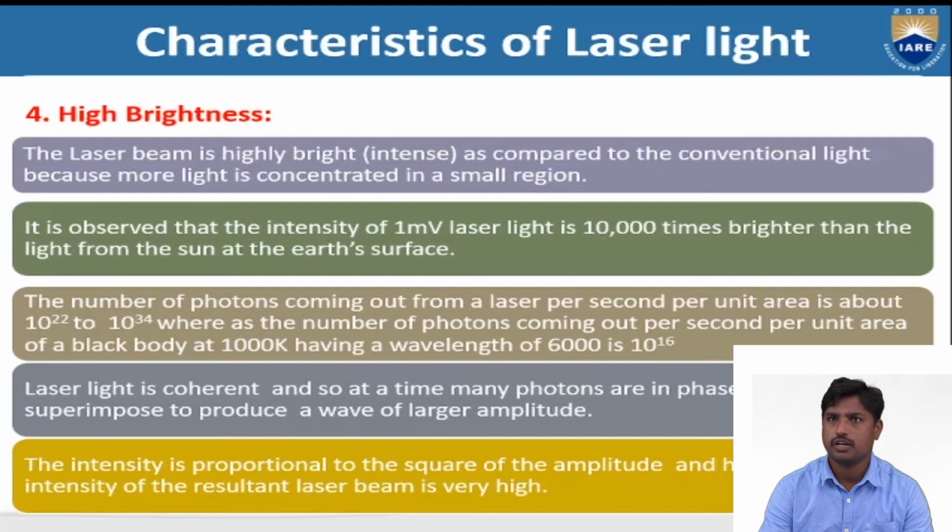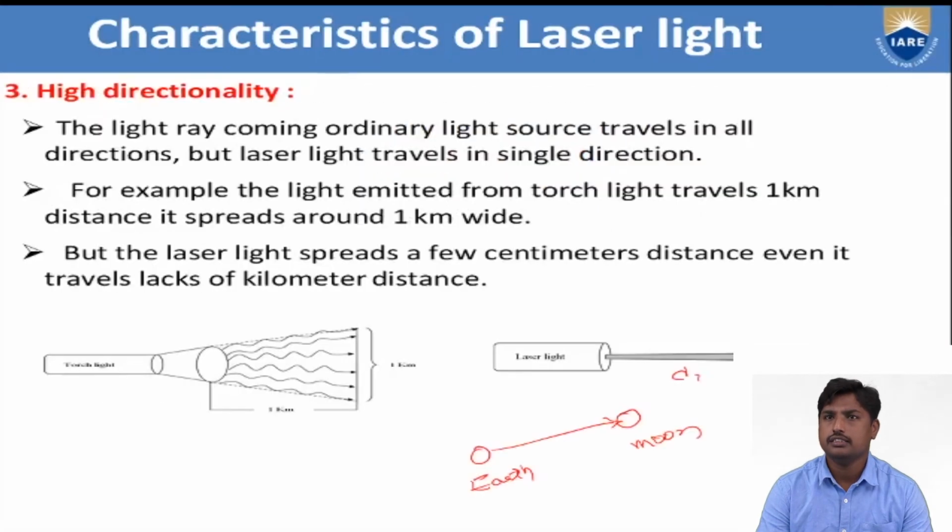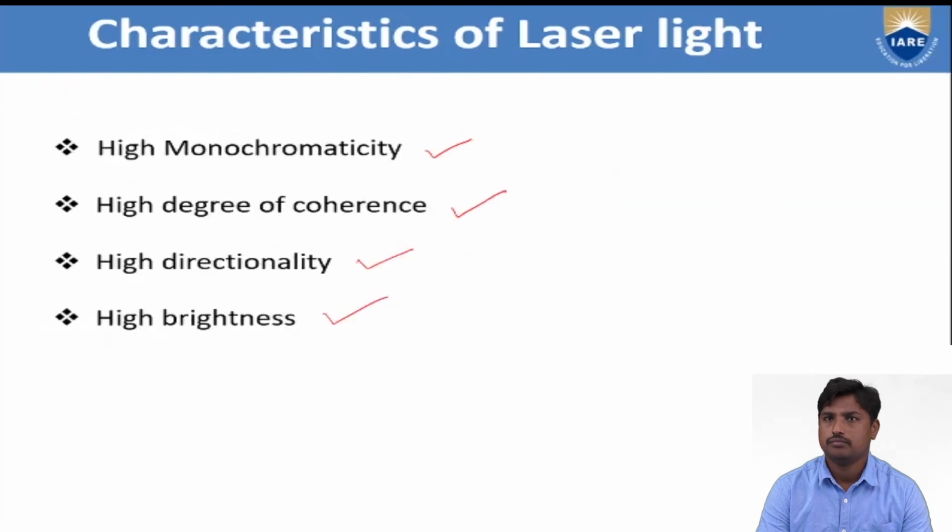Coming to the 4 characteristics again. What are the 4 characteristics? High monochromaticity, high degree of coherence, high directionality, high brightness. Monochromaticity means it produces a single color or single wavelength. When you observe laser light, it has only a single color.